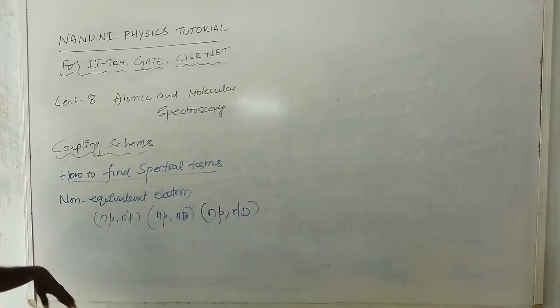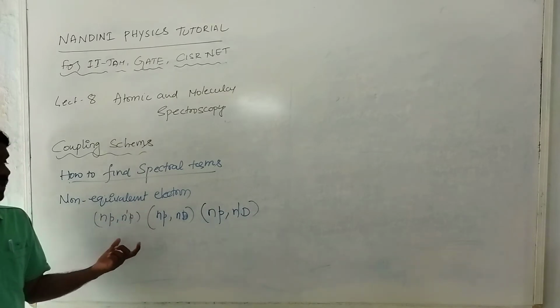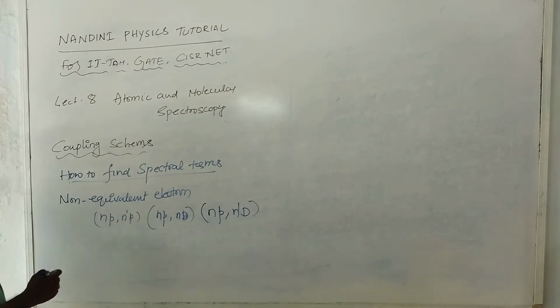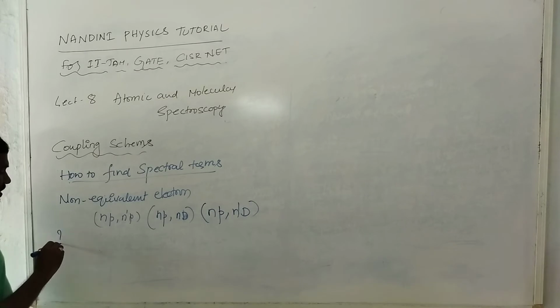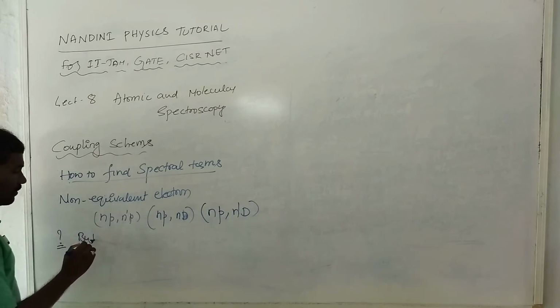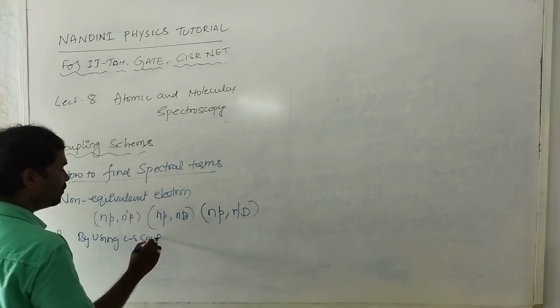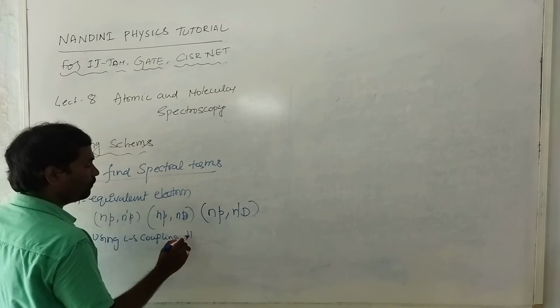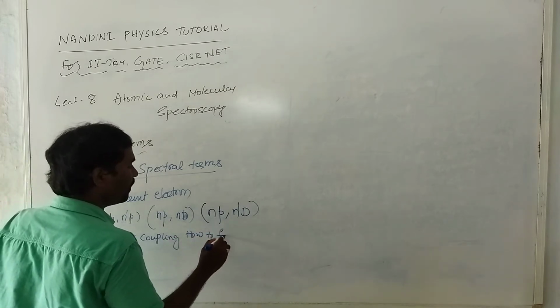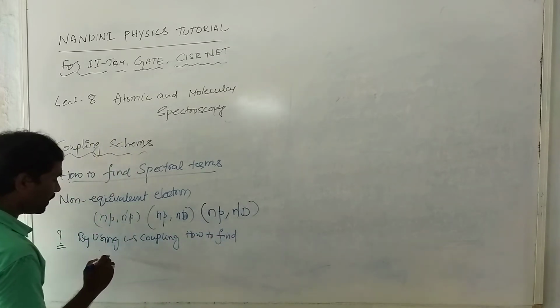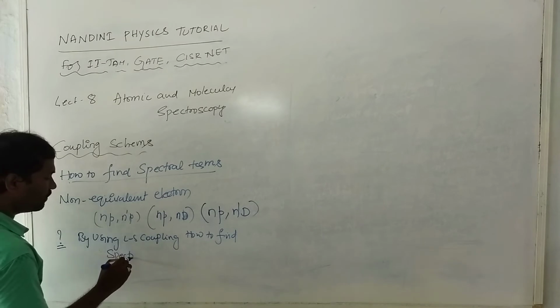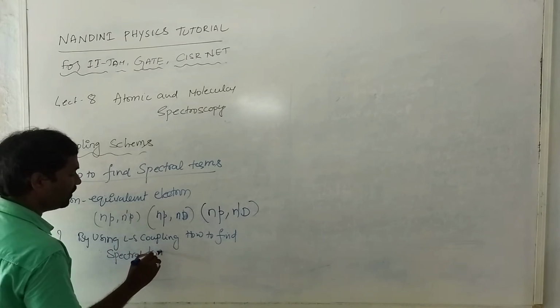By using LS coupling, how do we find the spectral terms for non-equivalent electrons? That is our question.